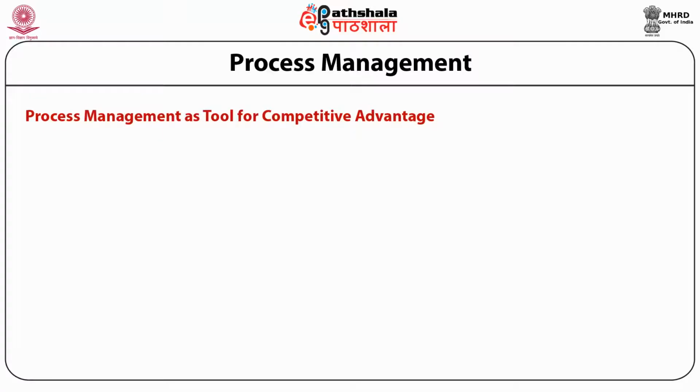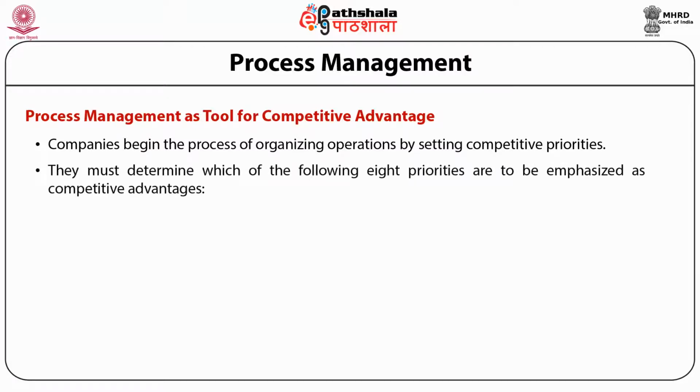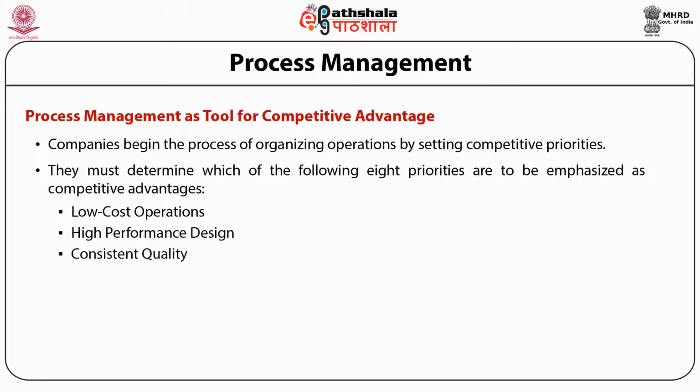Process management as a tool for competitive advantage. Companies begin the process of organizing operations by setting competitive priorities. They must determine which of the following eight priorities are to be emphasized as competitive advantage. First, low cost operations. Second, high performance design. Third, consistent quality.